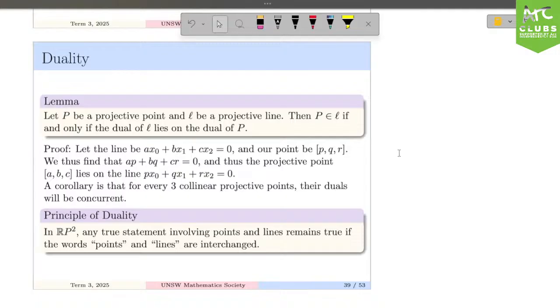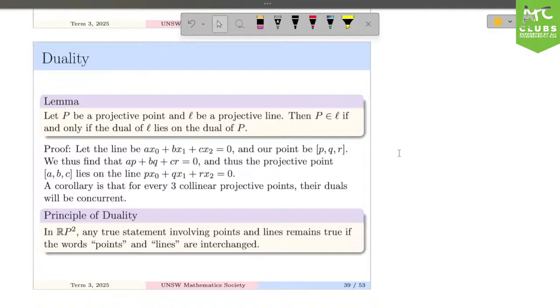And if we substitute in the dual of L into this equation, we end up with QA plus RB plus SC is 0, which we already know is true since P is on L. Does everyone understand how we're defining duals?